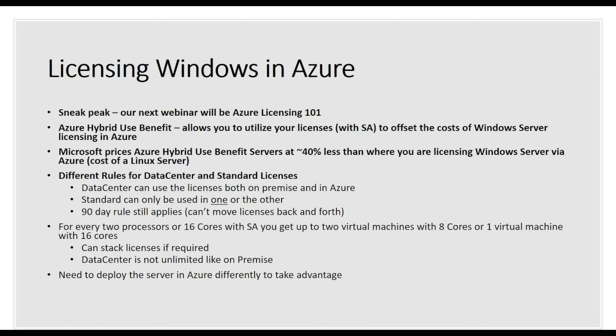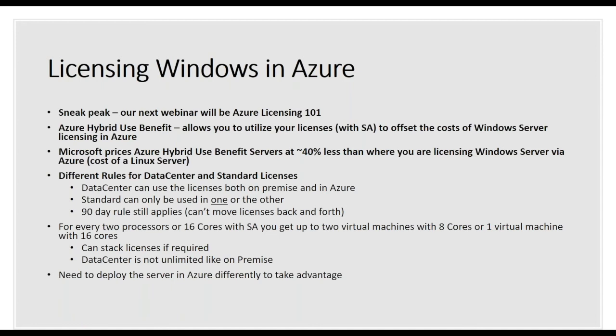If I have a 32-core VM in Azure, I need to have 32 cores with SA assigned to it. So the stacking concept is still there, but it's not the same as stacking in your environment, where I have to look at the physical hardware. If it's got 64 cores, I need 64 to get my 2 VMs. Here it's just every 16 cores give you 2 VMs.